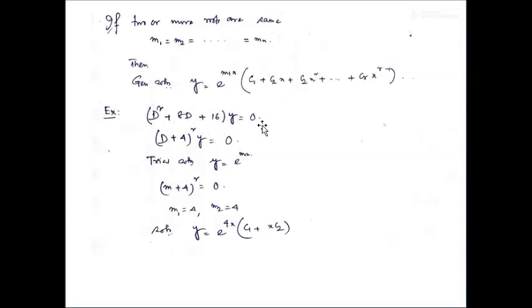Now here you get two same solutions. m1 equal to -4. Sorry, I have written this +4, but this will be -4. So as this will be -4, the solution is y equal to e to the power -4x into (c1 plus x into c2).